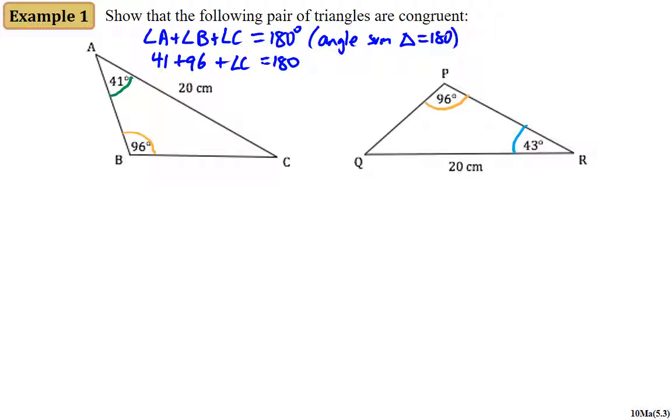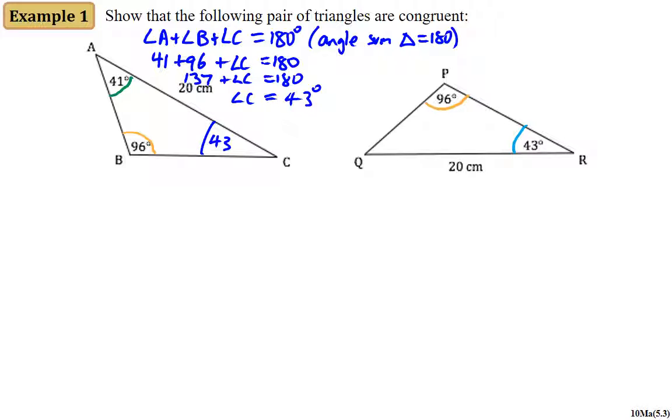If I add 41 and 96, I get 137. And when I take away 137 from both sides, I get angle C equals 43 degrees. Sorry, angle C equals 43 degrees, so that's now 43 in there, which means it's going to match up with angle R in the other triangle.